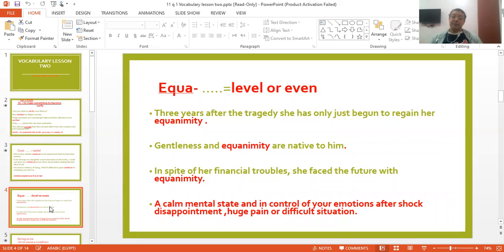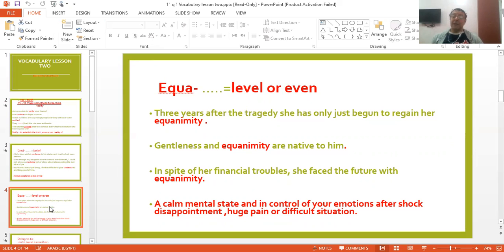All right, let's now move to another vocab item. Equa, in the language, this part of a word, it's called a prefix, something that comes before the word or at the beginning of the word, usually means equal, level, or even. So when we say equanimity, it's a state of being calm and in control of your feelings, even in difficult situations.